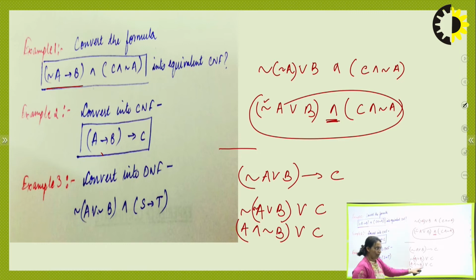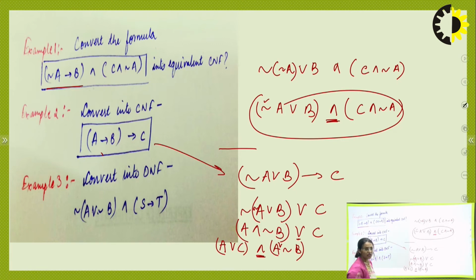Now the operator is OR, but I have to convert it into CNF, so I have to resolve this. The distributive law will be applied to this. In this case, it will say A or C, and A or negation of B. So here my goal is achieved, my connector is AND. This is how this question is solved.